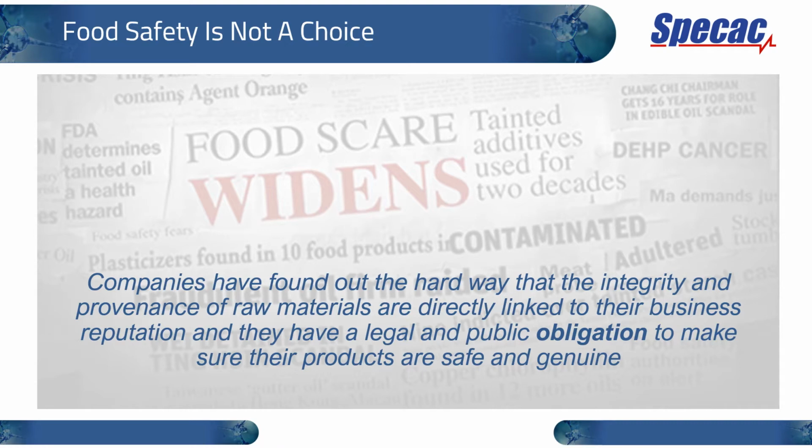Now, food safety is not a choice, it's definitely an obligation. As you might be aware of news headlines across the globe in recent years, companies have definitely found out the hard way that the integrity and provenance of raw materials are directly linked to their reputation, and that they have a legal and public obligation to make sure that their products are safe and genuine before releasing that product onto the market.